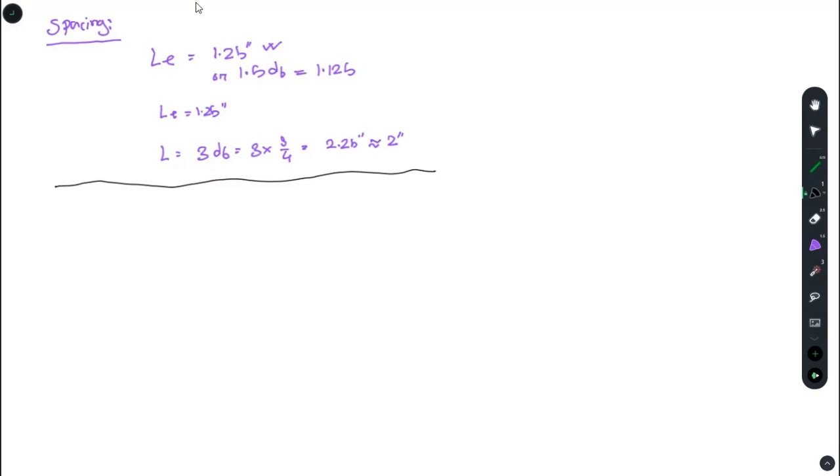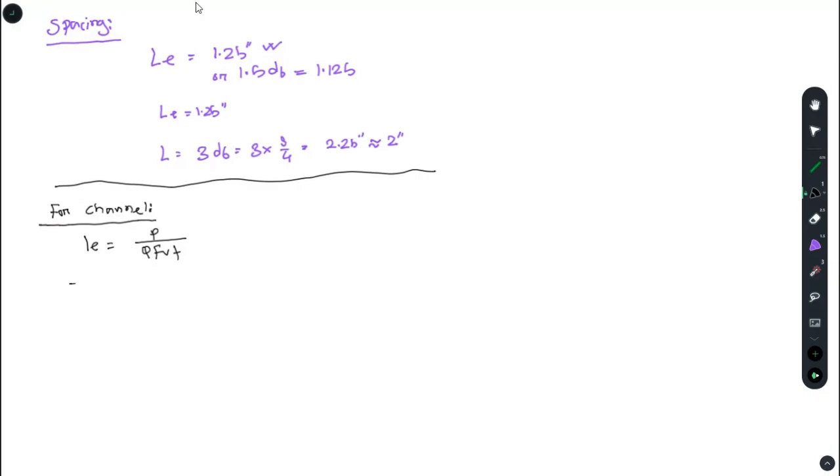Let's say for channel, this check is carried out because the connection may fail as a result of tearing out. So we need to have a minimum spacing so that the tearing out is resisted, so that we can have a better strength. So for channel, the edge spacing is equal to P over phi Fu t.